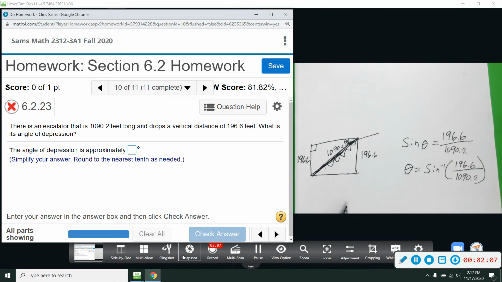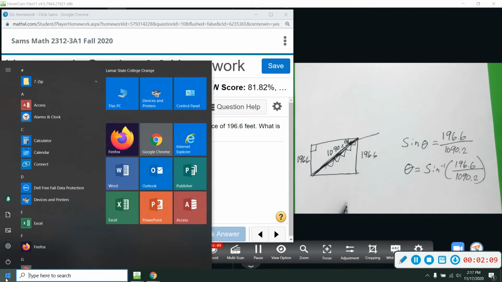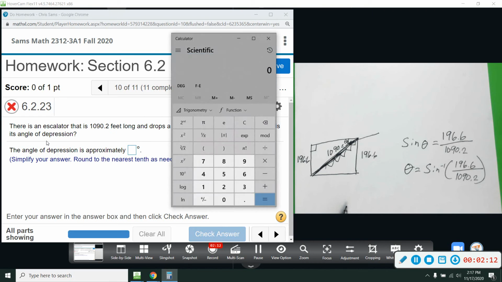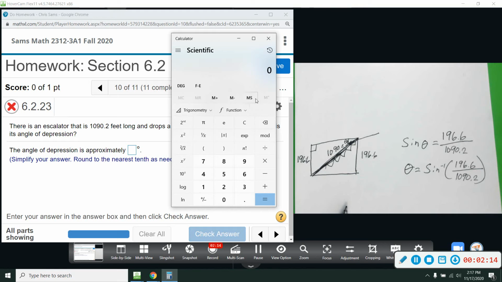All right, so we're going to compute that. So we're going to do 196.6 divided by 1090.2. And then we're going to do the inverse sine, so second inverse sine of that. That does not seem right.